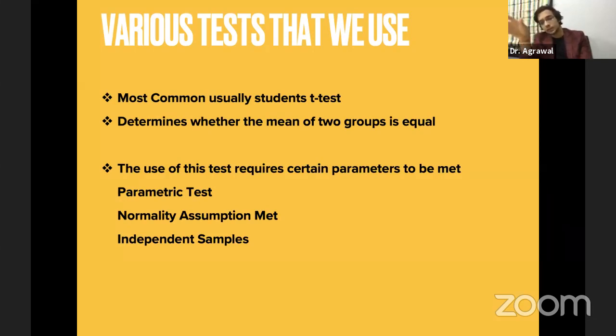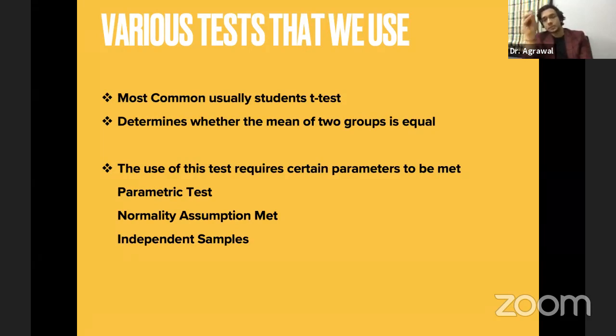Group B, I'm not giving any salt. And then eventually I see the systolic BP of group A is 160, and the systolic BP of group B is 140, suppose. So what the t-test does is determine whether this 160 and 140 are actually equal, or is it by chance.